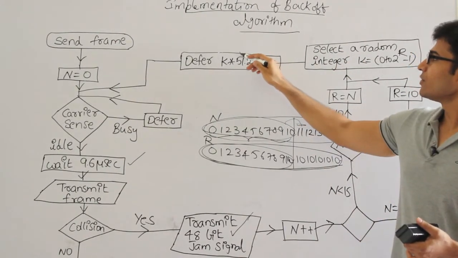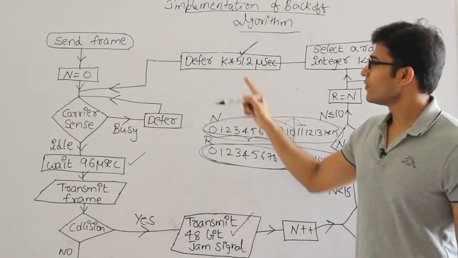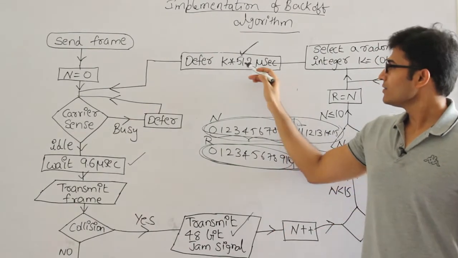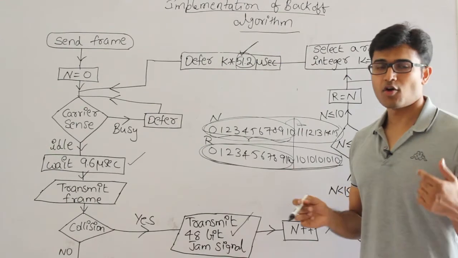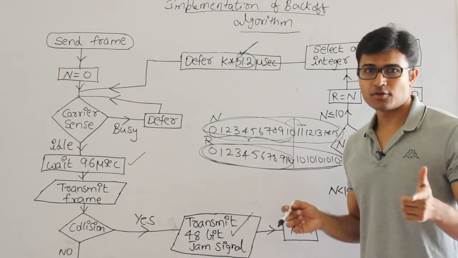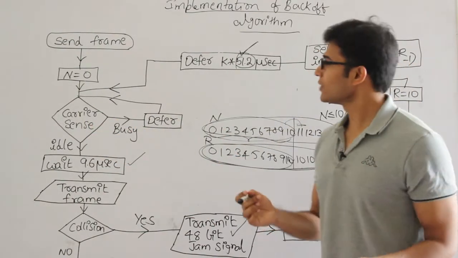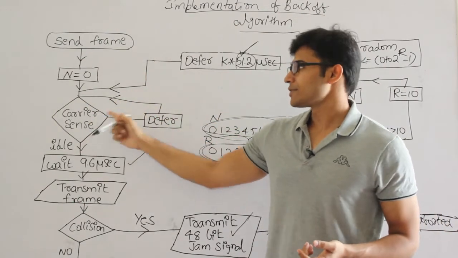So here 51.2 is nothing but the slot time. I told you that waiting time equals k into some slot time, and again this slot time depends on the implementation, which means how much time you are going to give for one slot. That varies from LAN to LAN depending on how long the LAN is and what the bandwidth is. After that, again you can go and try to transmit the packet.